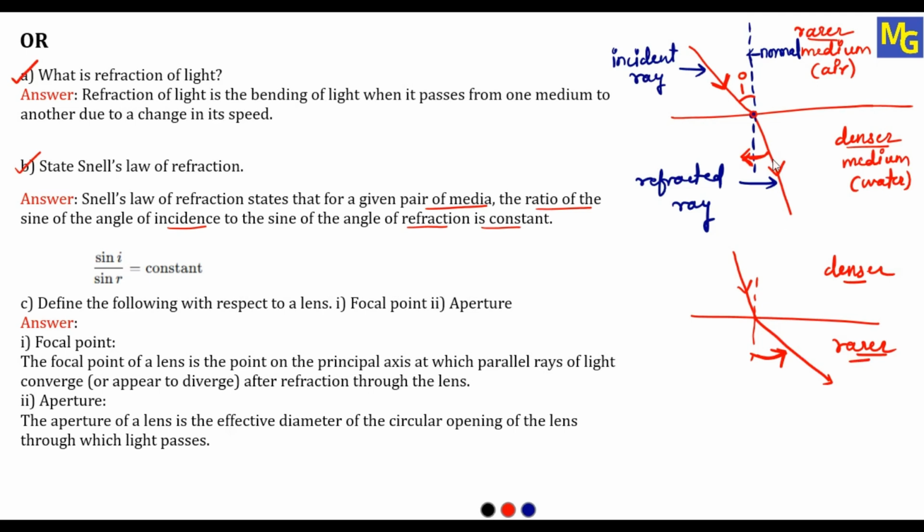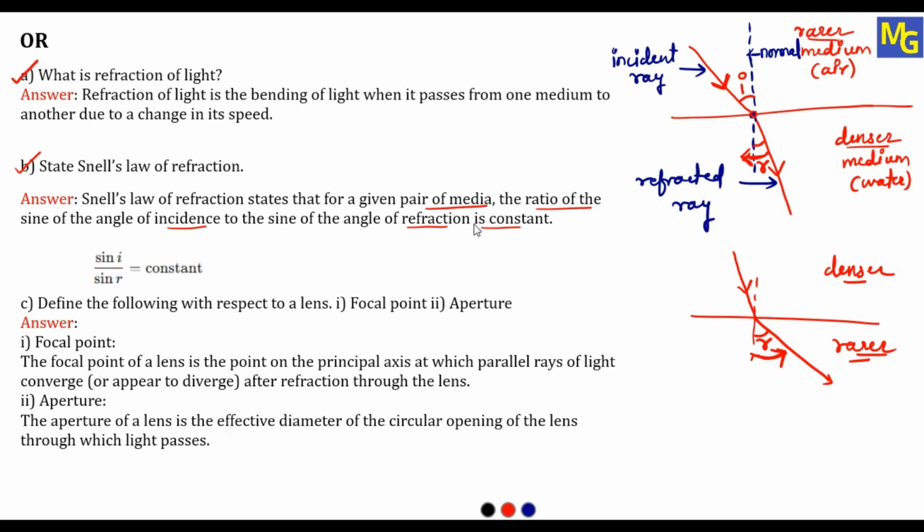In both cases, whatever angle it makes after refraction between the normal and the refracted ray is called the refracted angle. In case of reflection, it is the reflected angle. In case of refraction, it is the refracted angle. So we have to use both these angles in Snell's law.